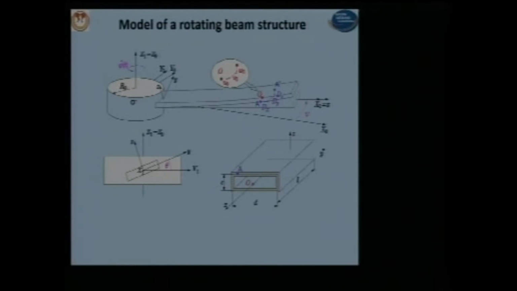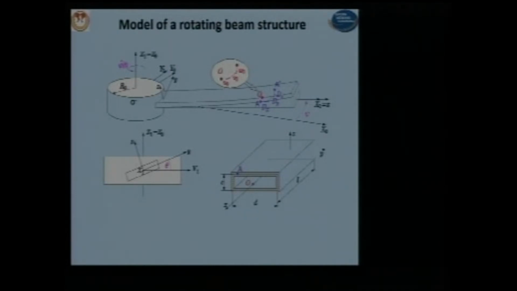Also the angular velocity, as I said, is not necessarily constant, it can vary. The cross-section of the beam can be open or closed, but this is a thin-wall structure made of composite with different structural configurations of plies applied to this beam.